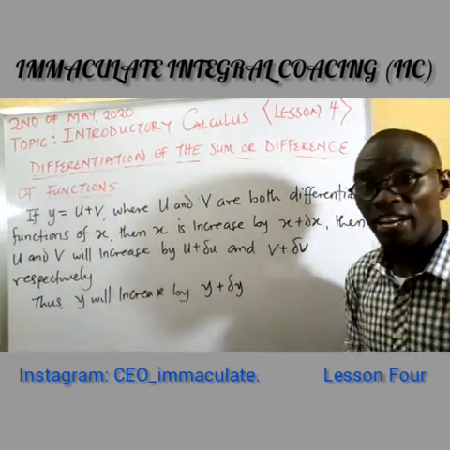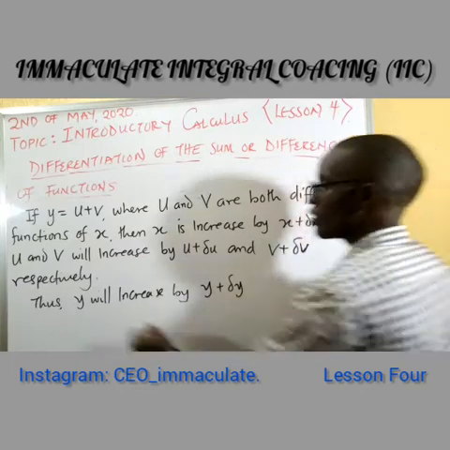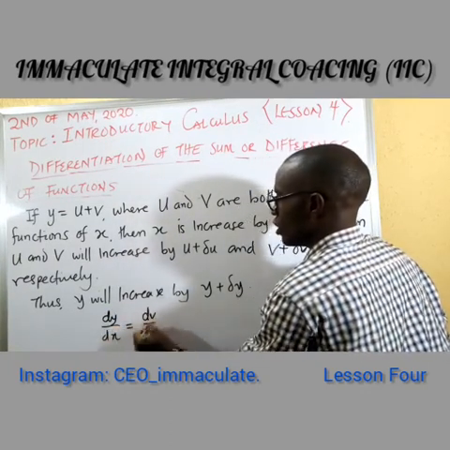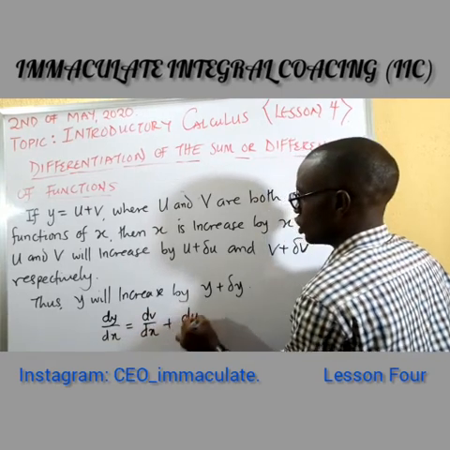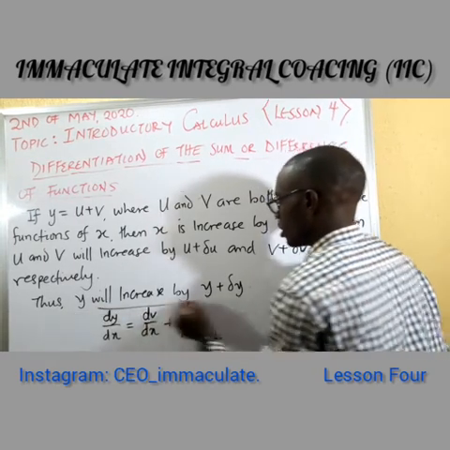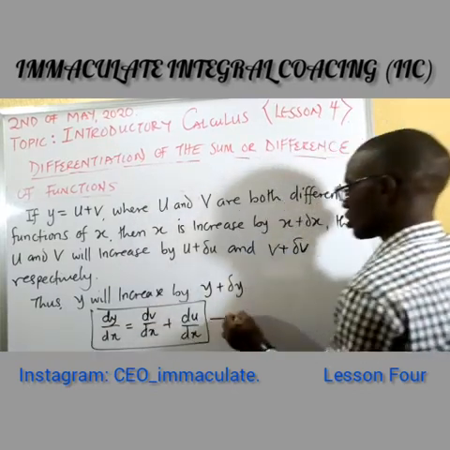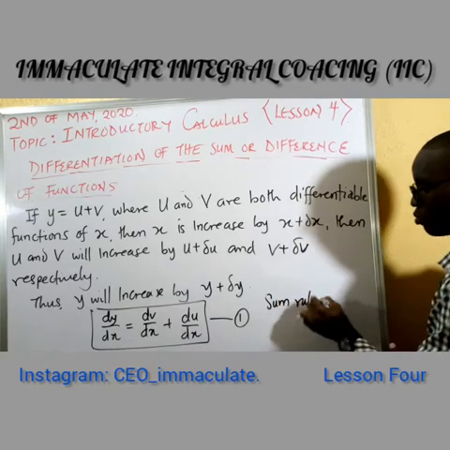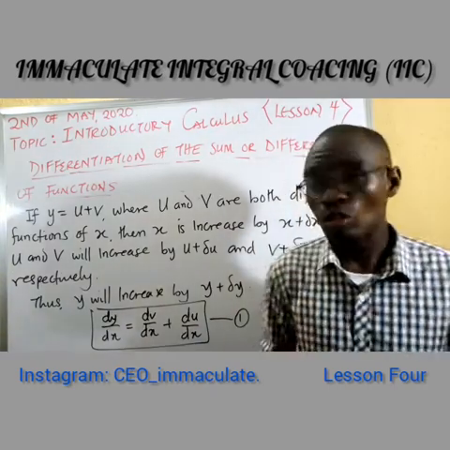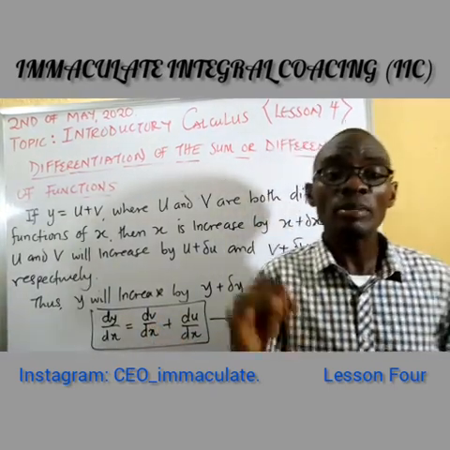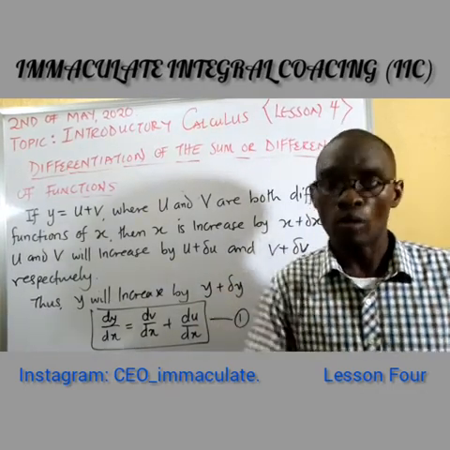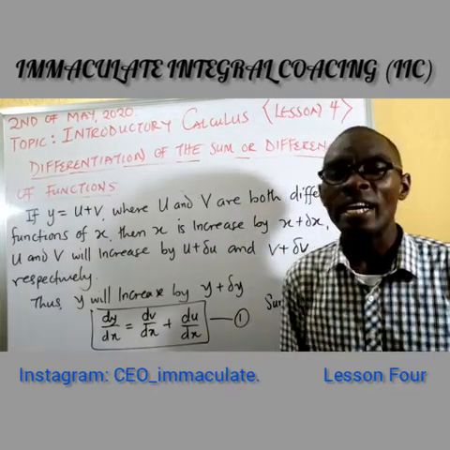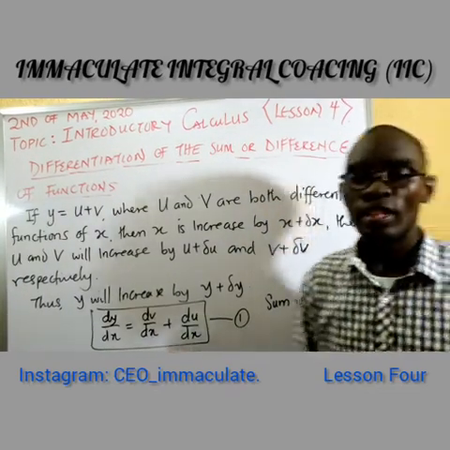This can be expressed mathematically as dy/dx equals du/dx plus dv/dx. This is what we call the sum rule. I want you to note from here that the limit of a sum is the sum of the limits. I repeat myself: the limit of a sum is the sum of the limits.